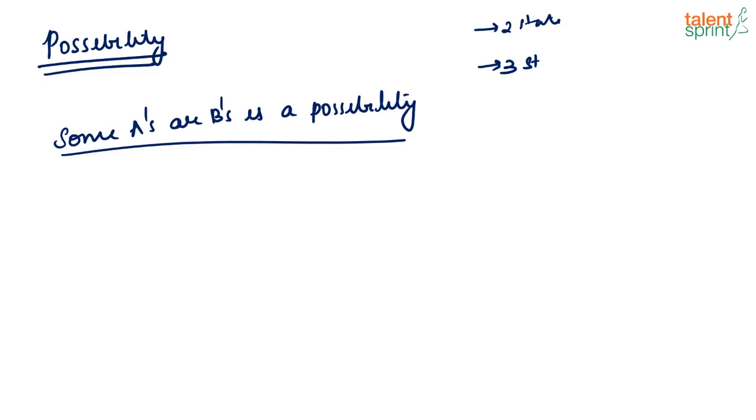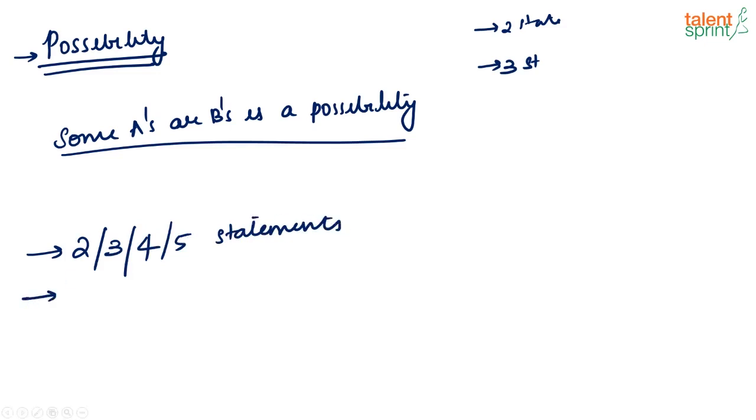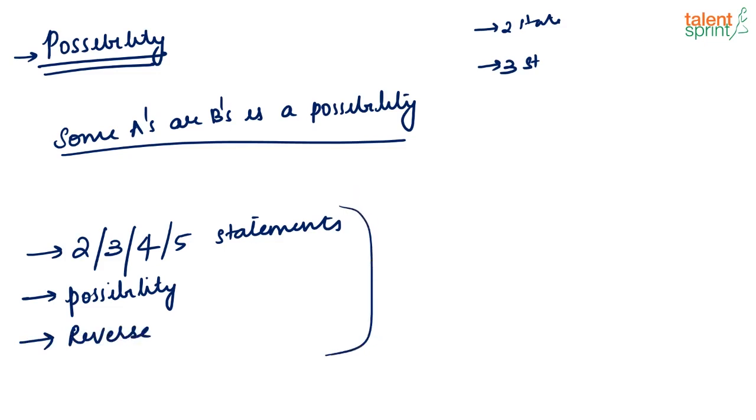Then you have questions wherein the conclusions have the word possibility in them. The third, latest type that comes from syllogisms is something called reverse syllogisms. We will be discussing all three of these today.